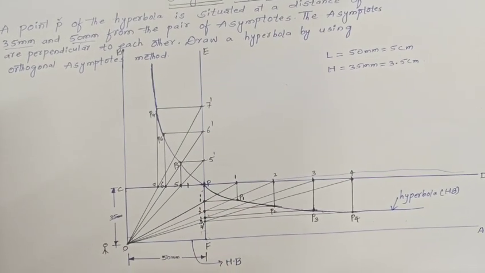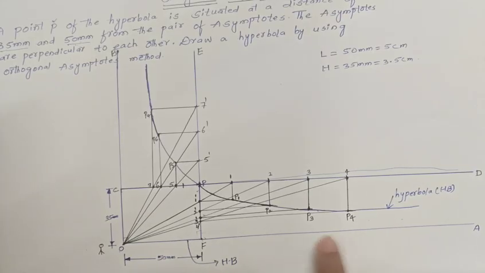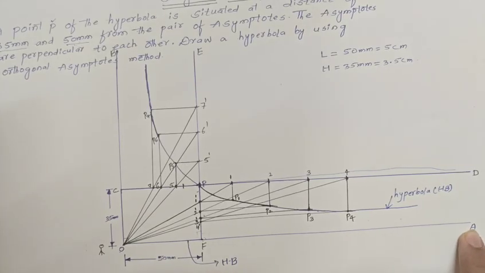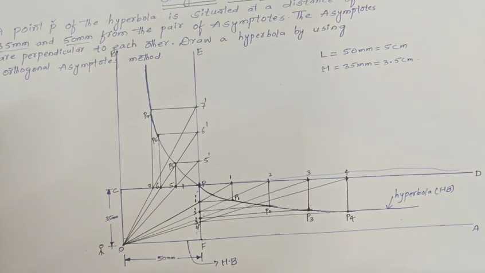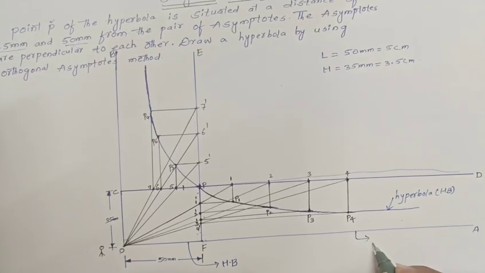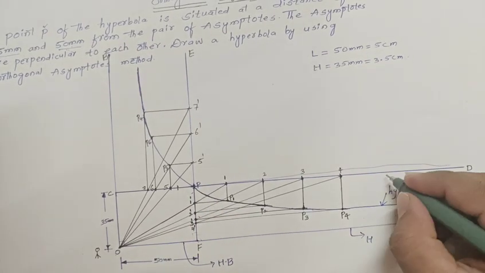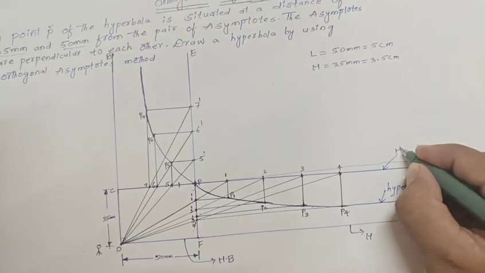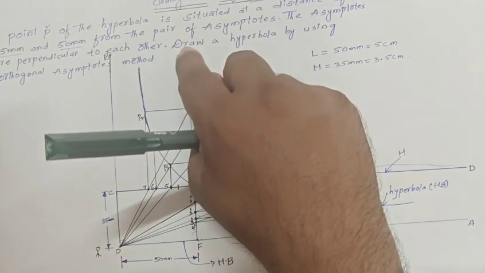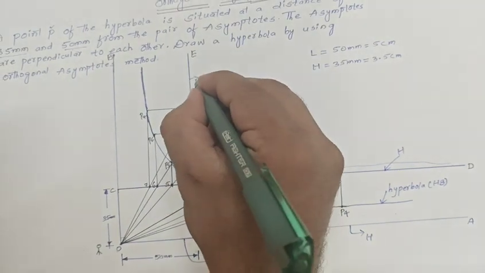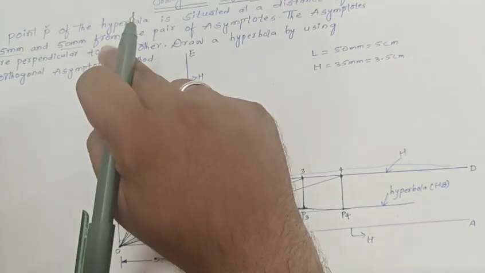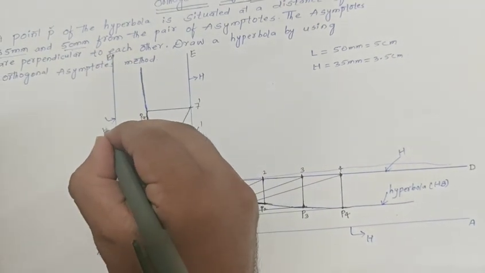And then let us see from F to A. Clear? This line should be very light, so we have to use H pencil. Again from P to D, we have to use H pencil. From P to E, H pencil. Again from C to B, H pencil.